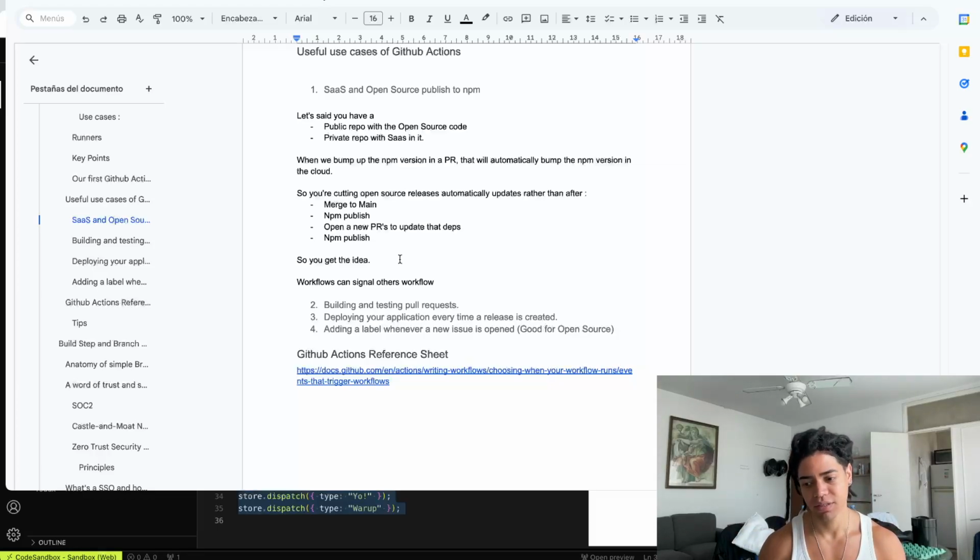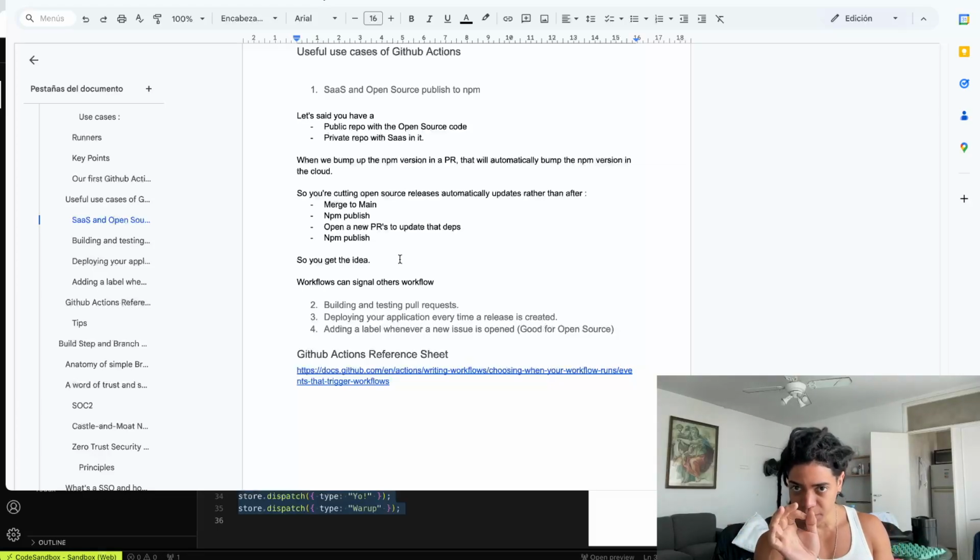And another benefit is that we can run building and testing of your app on PR. Okay, so building and testing pull requests, deploying your application to production when a release is created, a release tag, or creating labels when an issue is created.